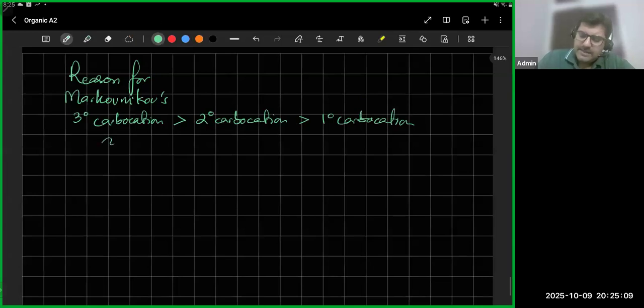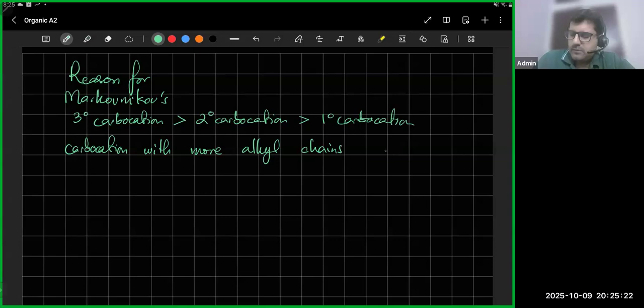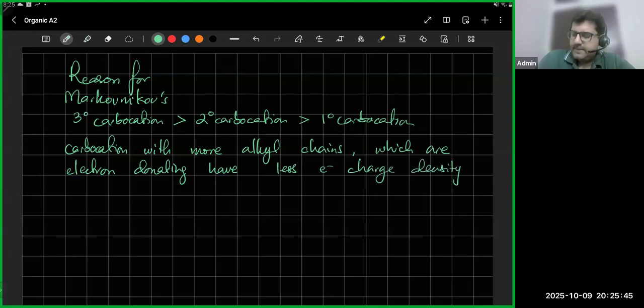So if anyone asks you about the reason: a carbocation with more alkyl chains, which are electron donating, has lesser charge density and therefore is more stable.